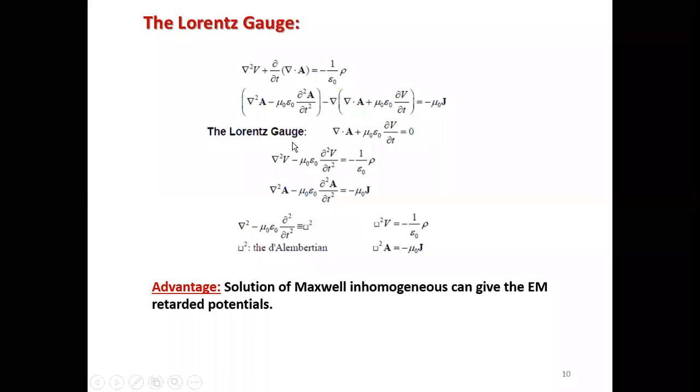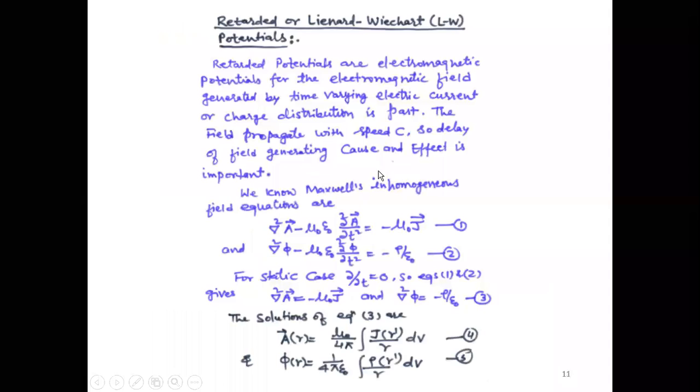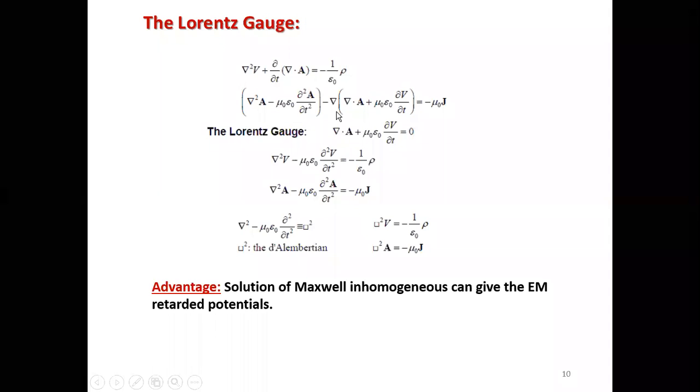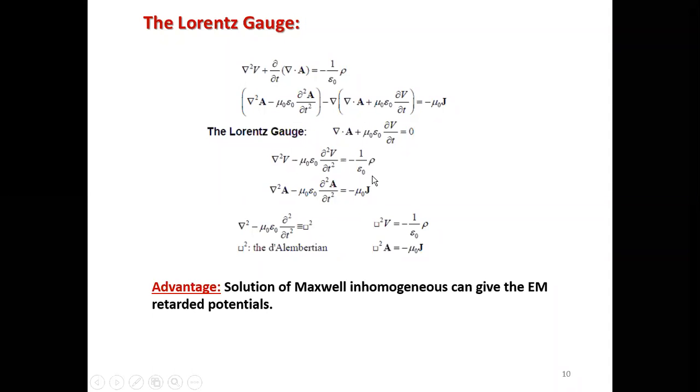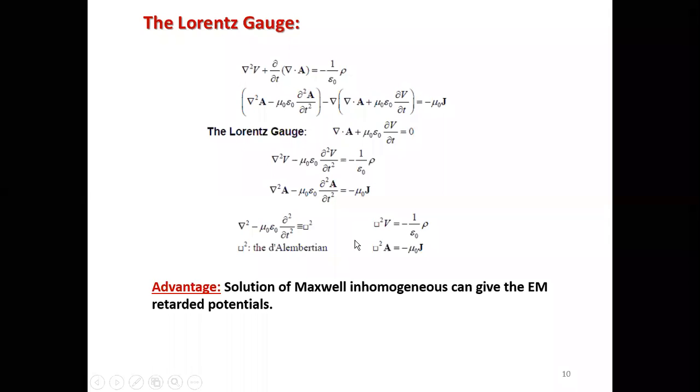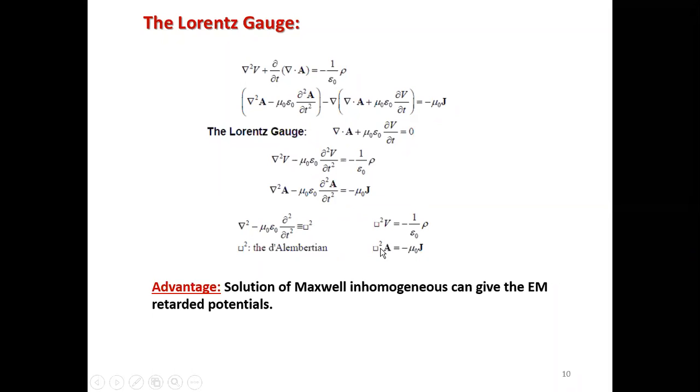So the use of Lorentz gauge is that we can easily transform our Maxwell equations in a simplified form that can be solved also to calculate the vector and scalar potential.